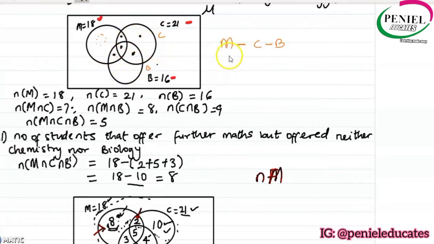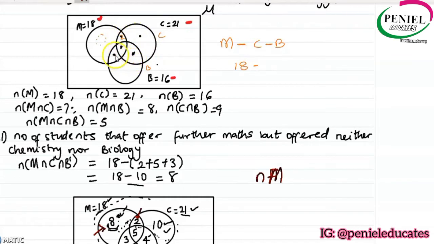So what we would then need to do is that we know that the number of people that are offering mathematics is actually 18, minus chemistry. Don't forget here we already have 2 here, that's the intersect.